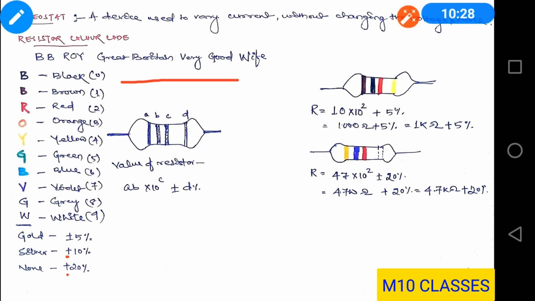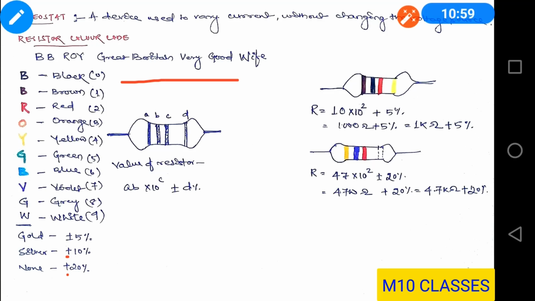Now, these resistors are manufactured, so they might not give you the exact value, whether 100 ohm, 500 ohm, or 1 kilo ohm. There will be a little difference in the resistance, and that is called tolerance. If it is gold, the tolerance would be plus minus 5%. It may increase by 5% or decrease by 5%, but the value will be within this range.